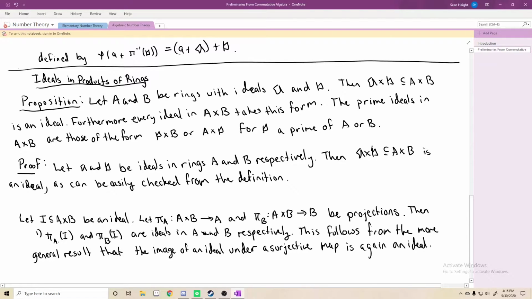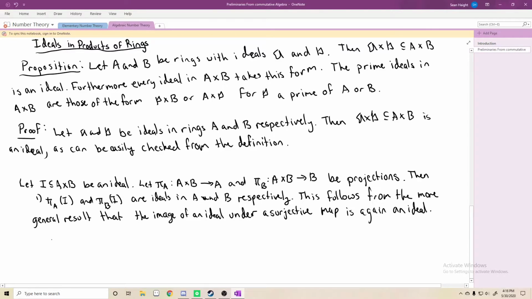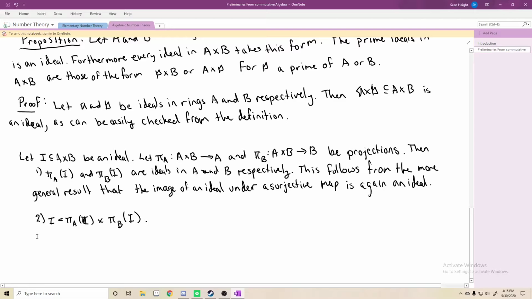Okay, so π_A(I) and π_B(I) are our candidate ideals, and once you have identified these candidate ideals, you can easily check the second claim: I is the product of the projection onto A and the projection onto B. And like I said, I'm not going to prove either of these two claims. They're fairly straightforward exercises in ring theory.